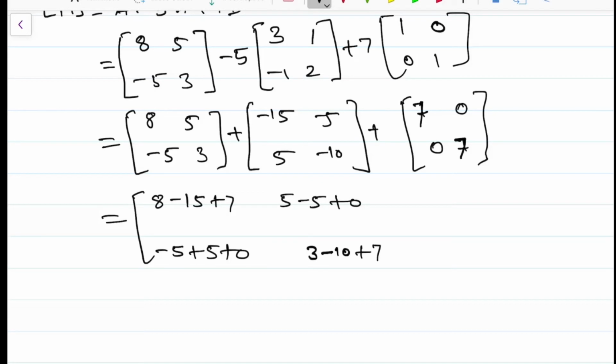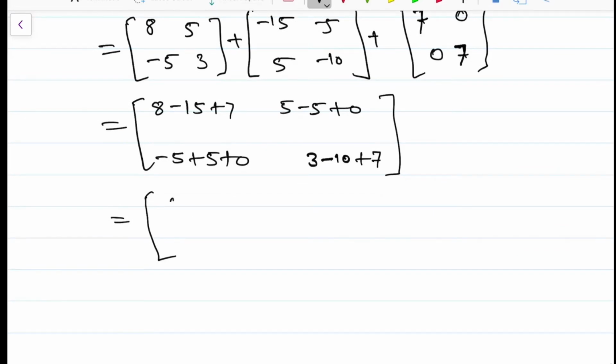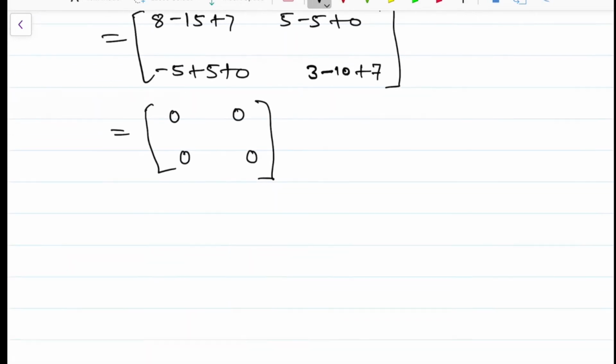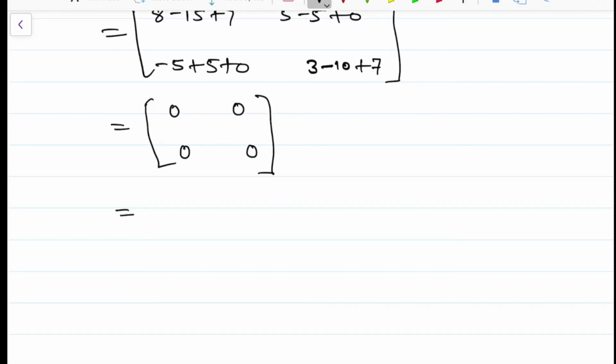The second element of the second row will be 3 minus 10 plus 7. 8 minus 15 plus 7 will be 0. The second element is also 0. The third is also 0. The fourth is also 0. So it is a null matrix of 2 by 2 order. It means that LHS equals RHS. This is the RHS, the null matrix. So LHS is equal to RHS, verified.